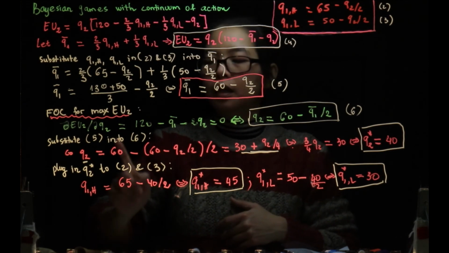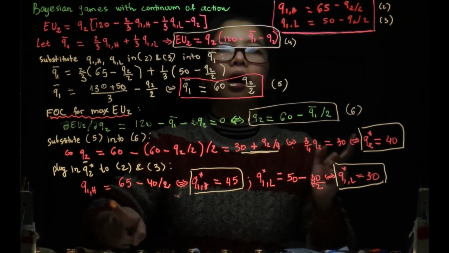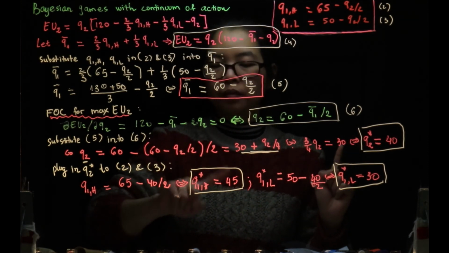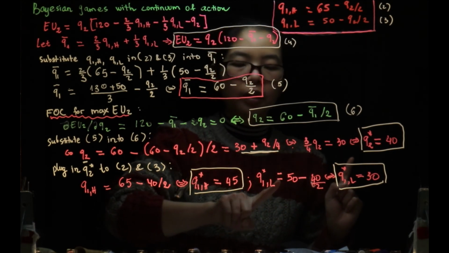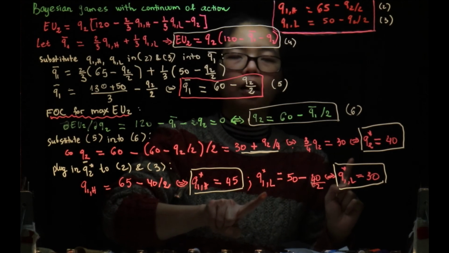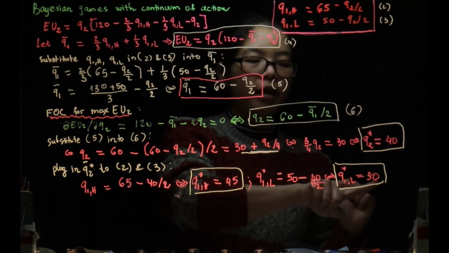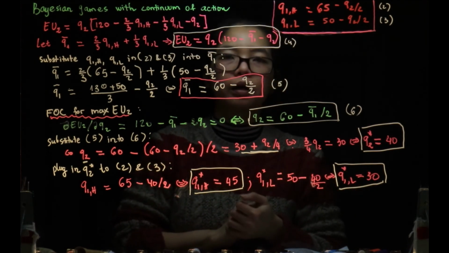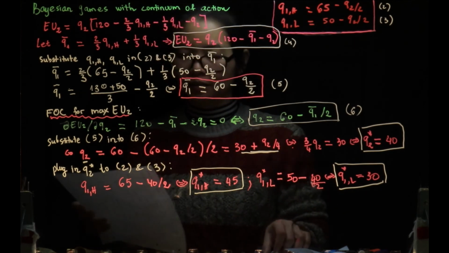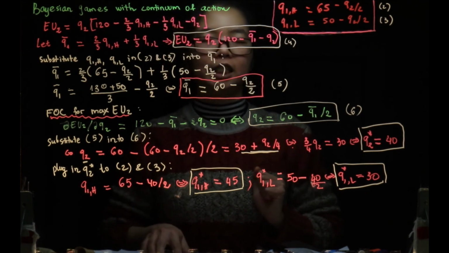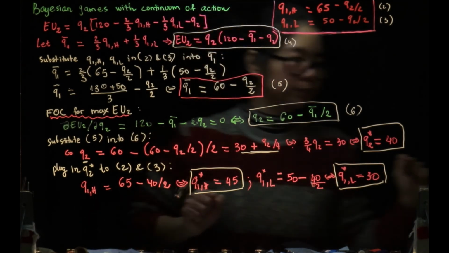For player 1, if he's a high value type, then he should have 45 ships. But if he's a low value type, then he would only have 30 ships at the Bayesian Nash equilibrium. That's the interpretation. Next, last thing, we go with the graph.